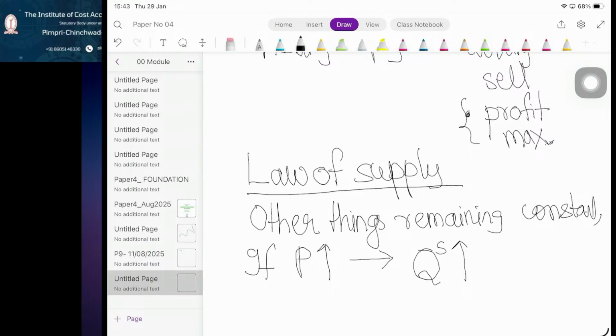Okay. When price increases, the quantity supplied will also increase.